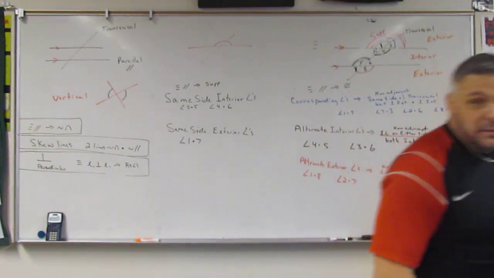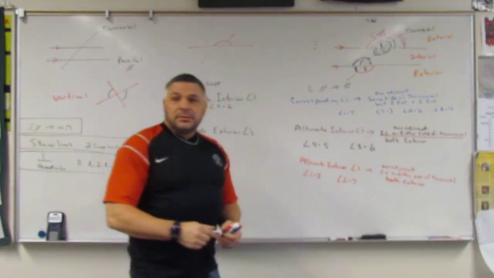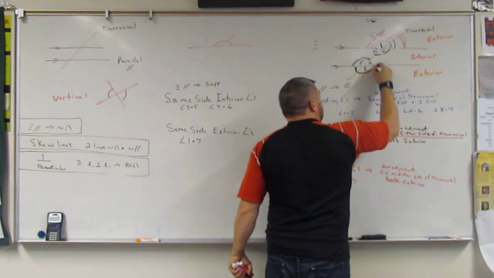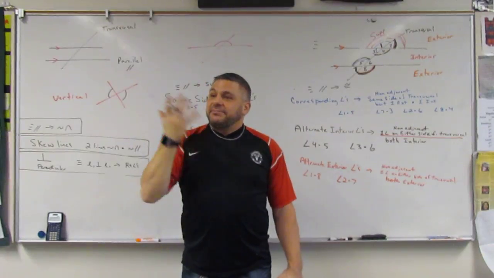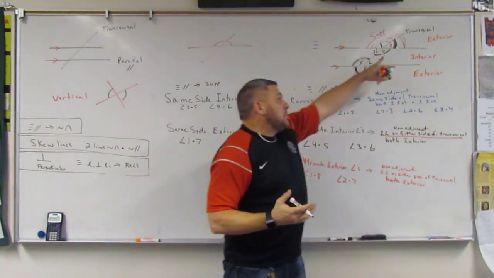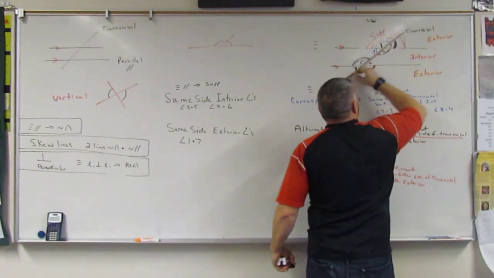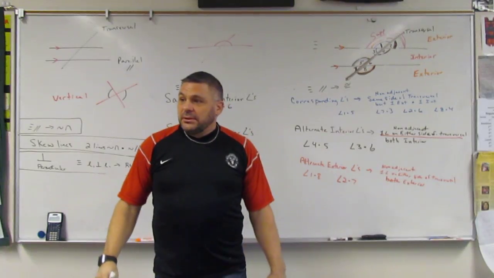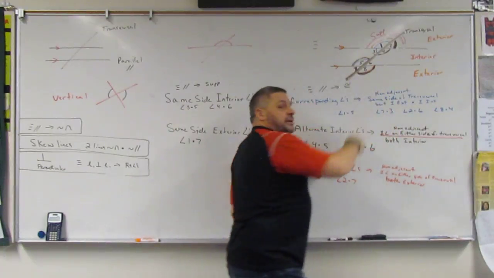No? 8 and 2. Yes. Come on, people. We can do this. 8 and 2. They're on the outside. They're on the same side of the transversal. Remember, the transversal. They're on this side. Exterior, exterior.